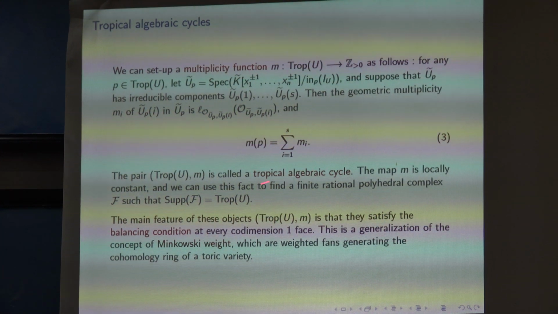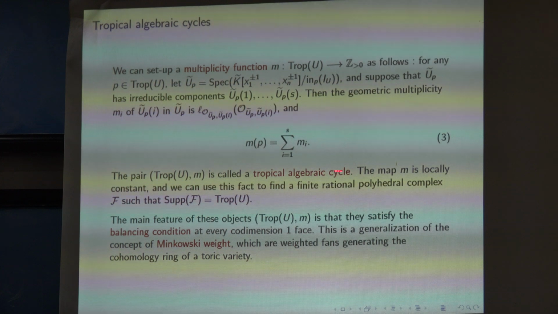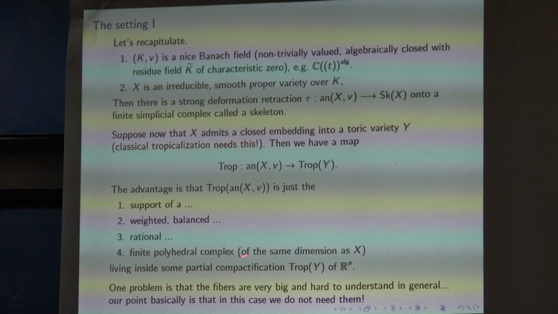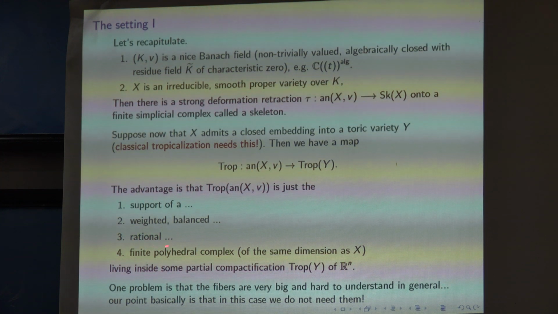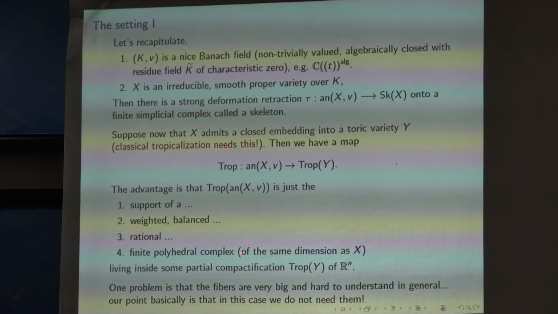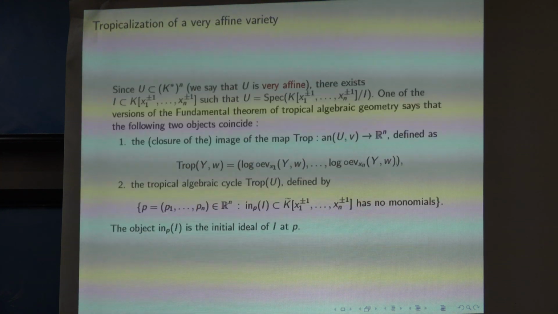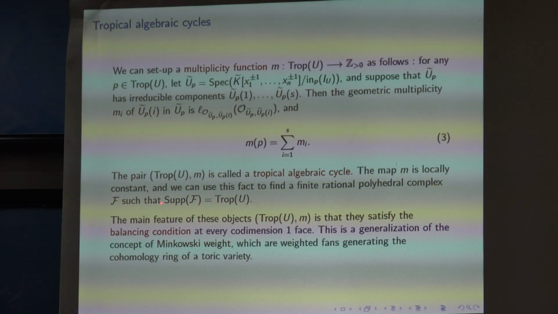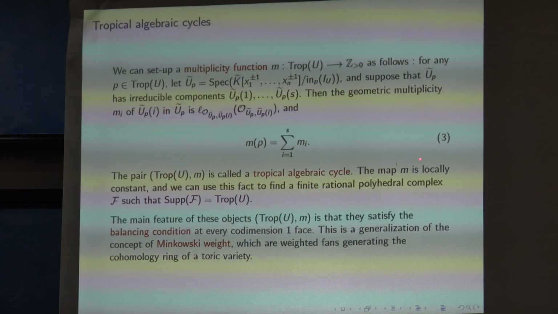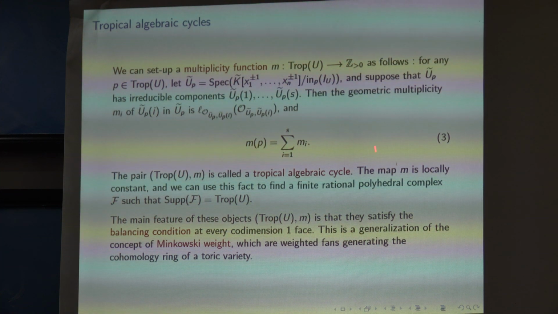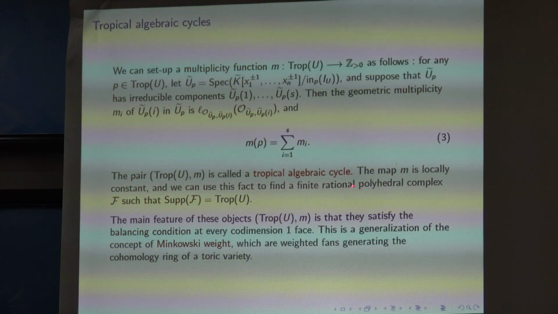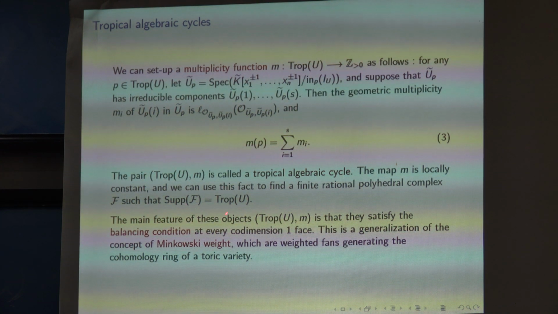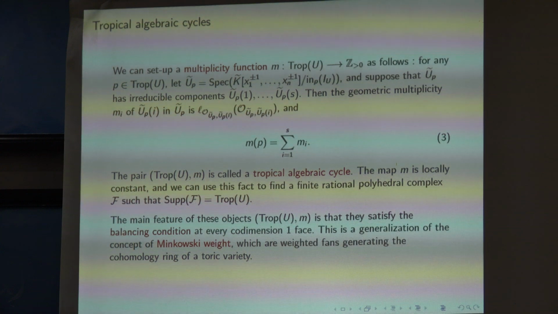So at the end of the day, you get a pair, which is called a tropical algebraic cycle, which is what I said here. It is the support of a weighted rational finite polyhedral complex of the same dimension as your space. This map is locally constant, so you can use this feature to find the rational polyhedral complex that realizes your set as the support.